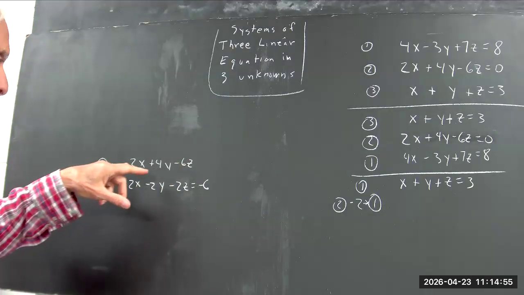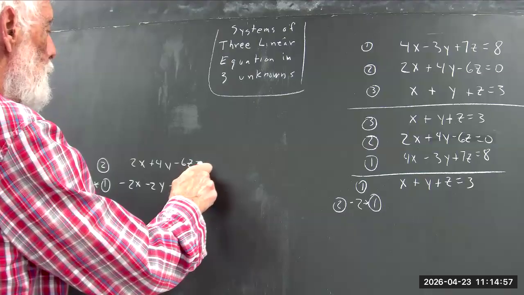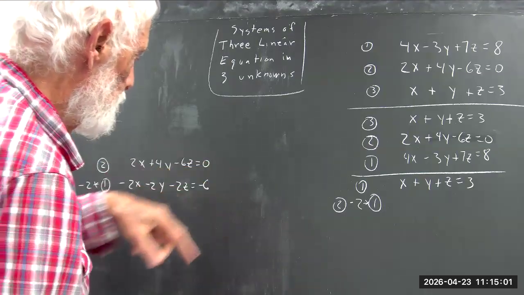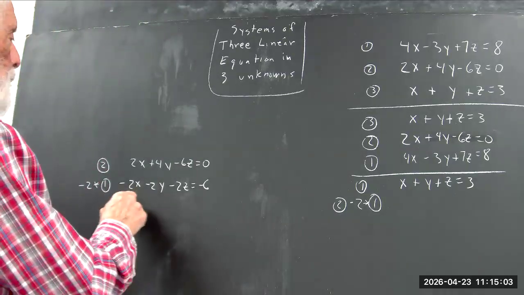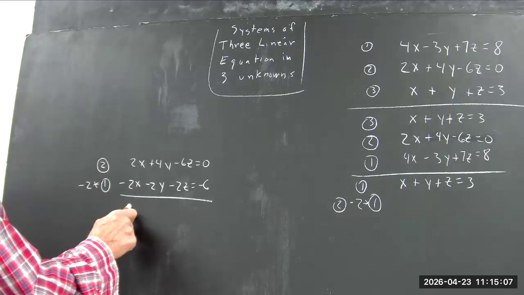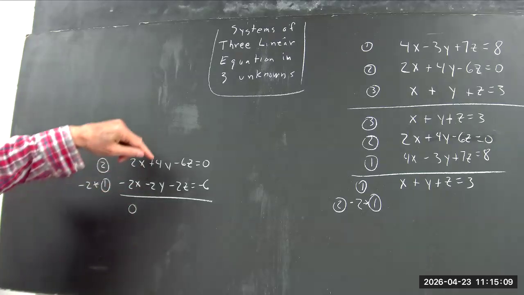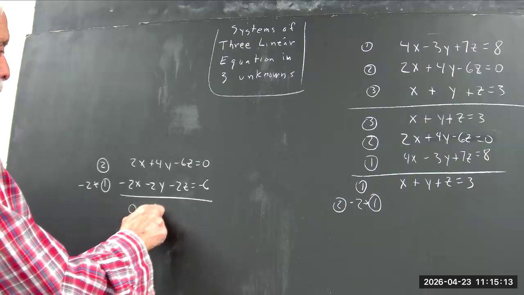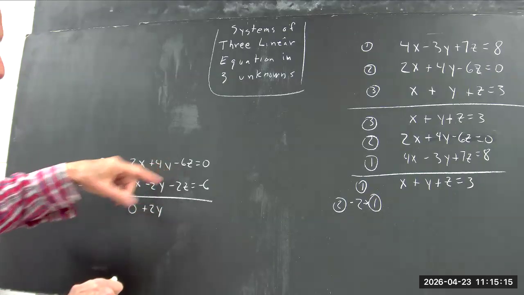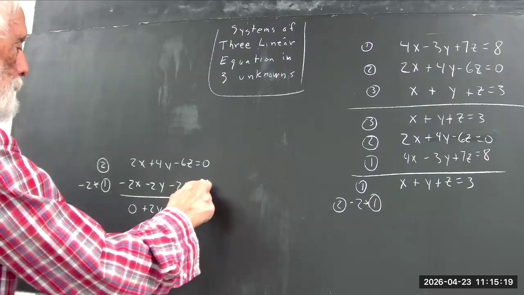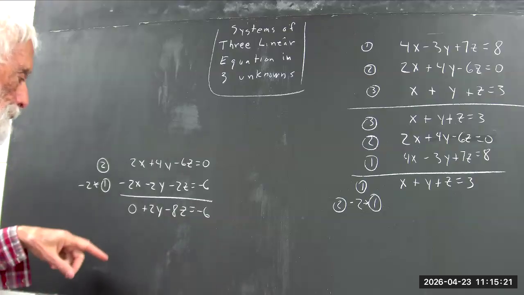Incidentally, equation 2 had an equals 0 on it that I didn't say. Now, when I add these equations, the 2x adds the negative 2x and gives me 0. 4y and negative 2y give me plus 2y. Negative 6z minus 2z is minus 8z. And 0 minus 6 is minus 6.